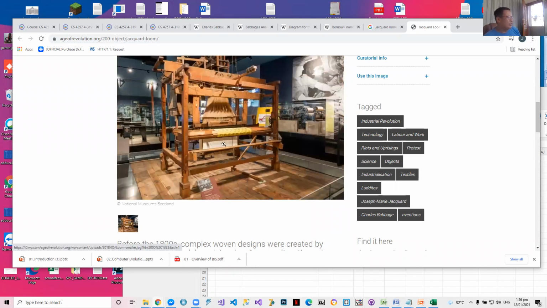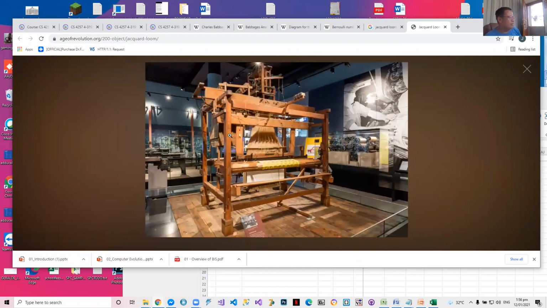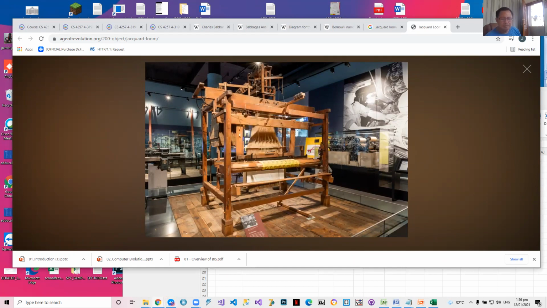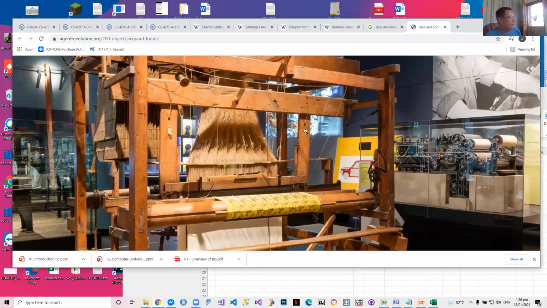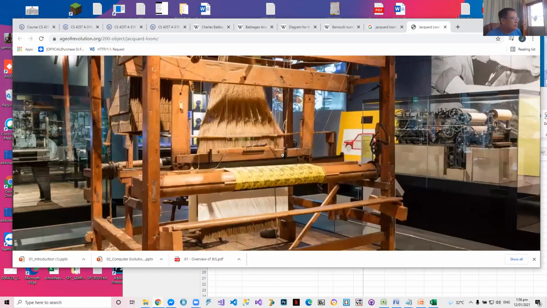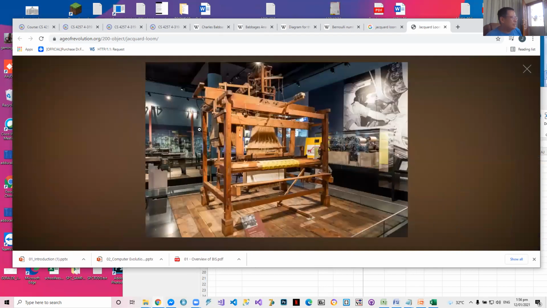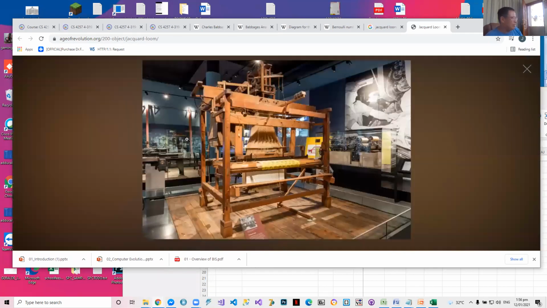So ito yung ano, these are the cards in the punch card. Di ba may mga cards dito?